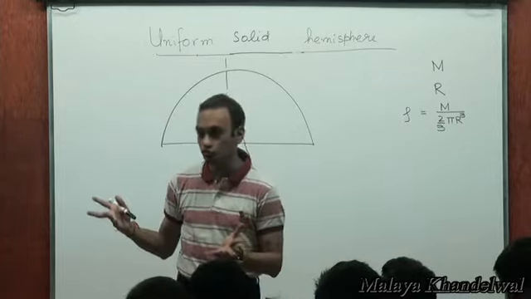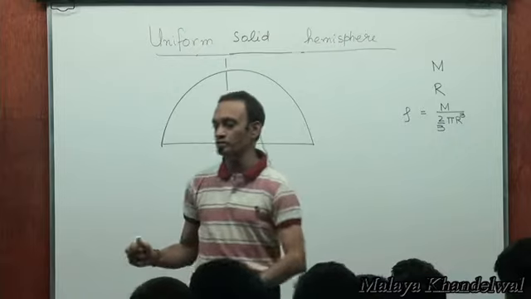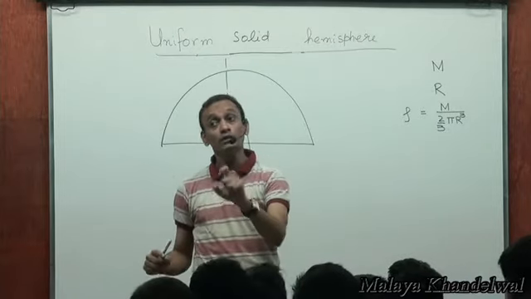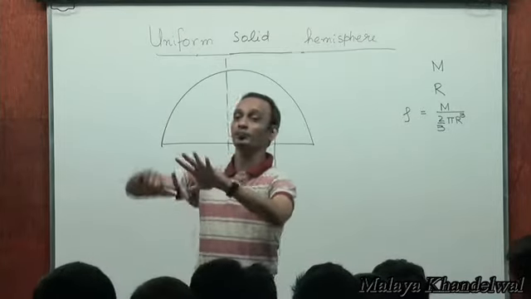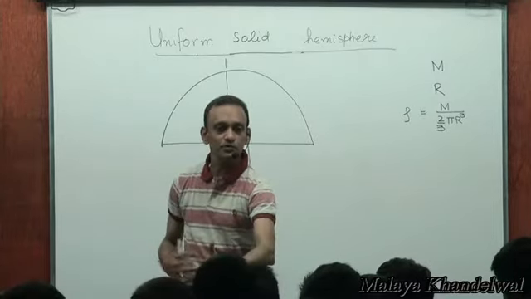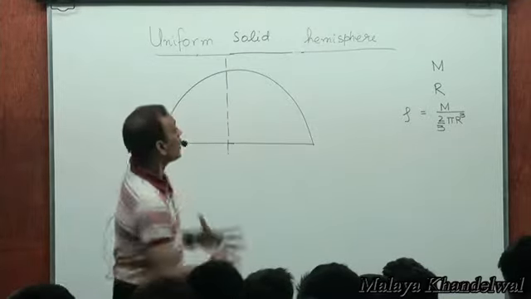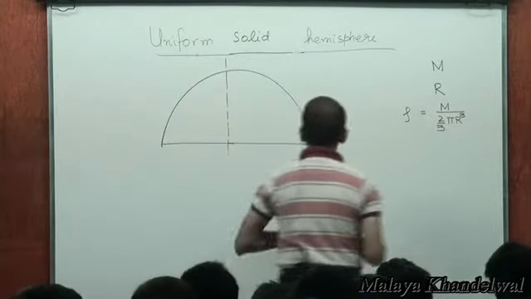Any choice will do as long as it covers all the mass elements, but some choices will be superior to others, and therefore being judicious on this front will help. It's also about a little experience and exposure which you will get as we chug along. So now when I talk of a solid hemisphere, I'll tell you what.